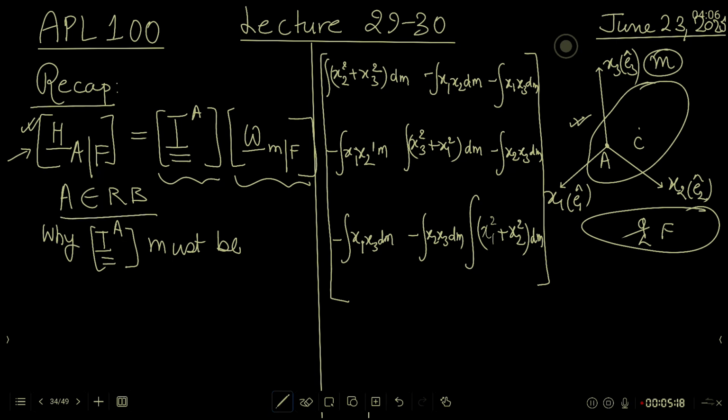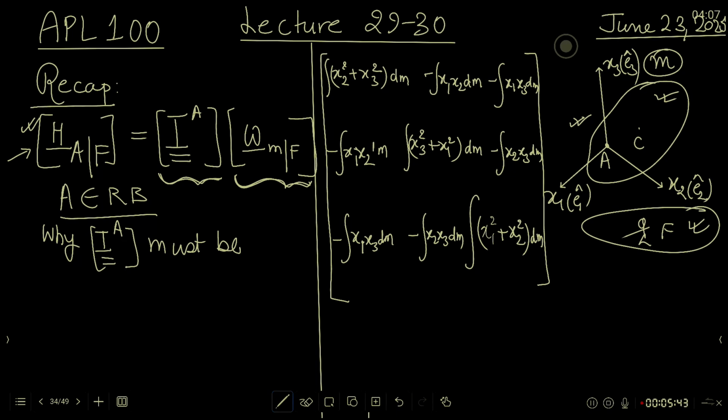Alright, so the first factor here is the inertia matrix, and the second factor is the column matrix representing the three scalar components of the angular velocity vector of this RB with respect to this frame.